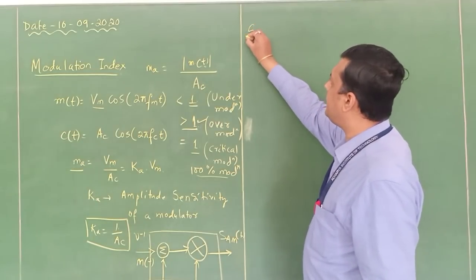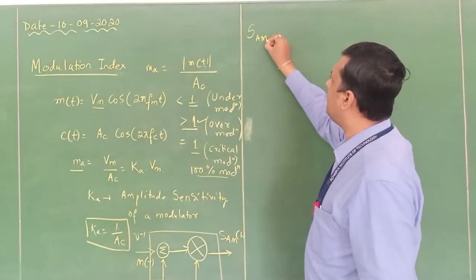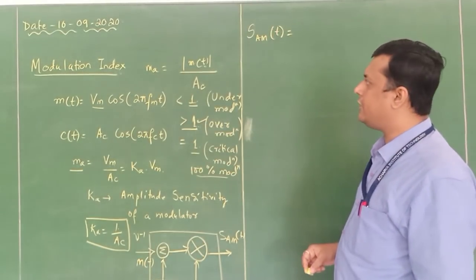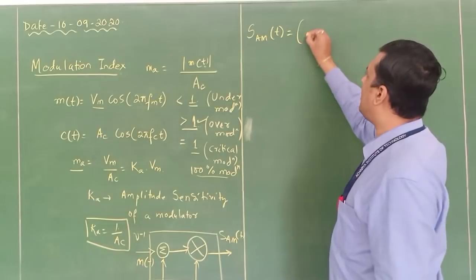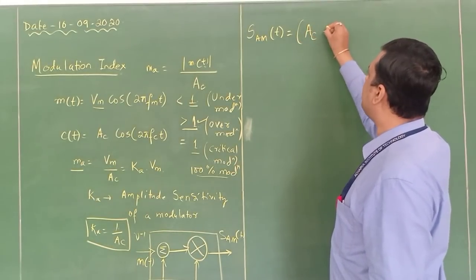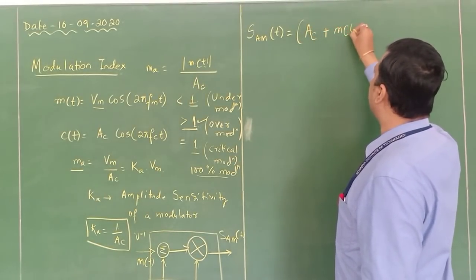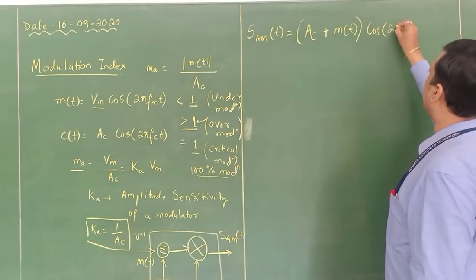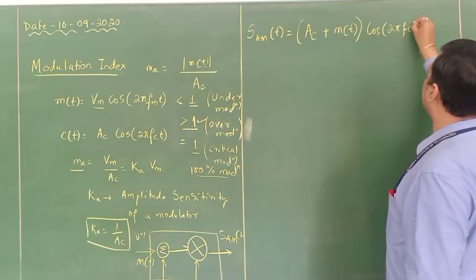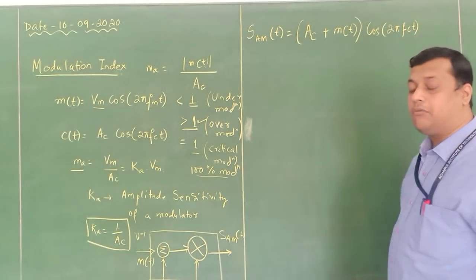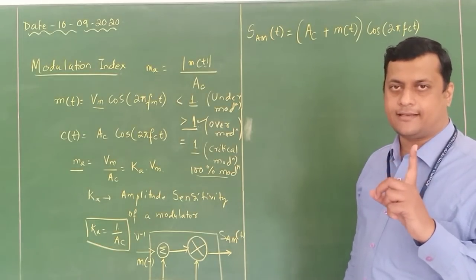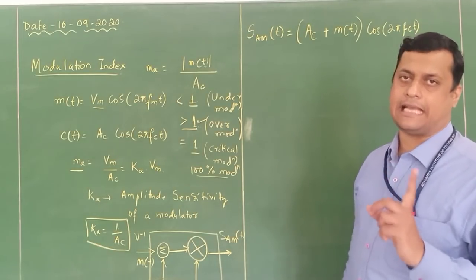So now I am writing a general expression for the modulated AM signal. How can we write? It is Ac plus m of t, into cos omega or cos 2 pi fc t. Done. Now whatever I am doing is only with respect to one modulating signal whose frequency is fm.